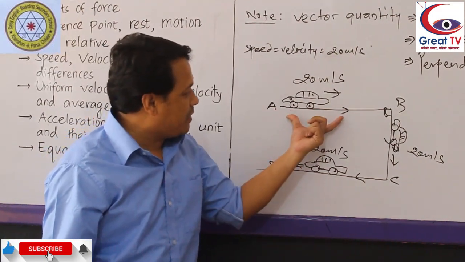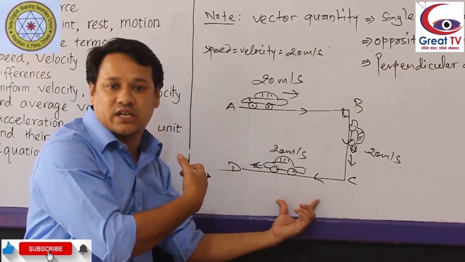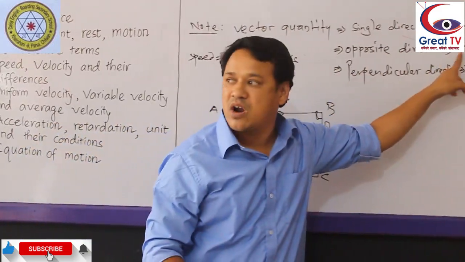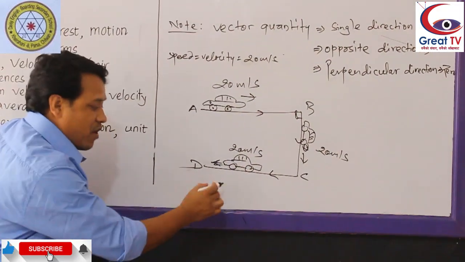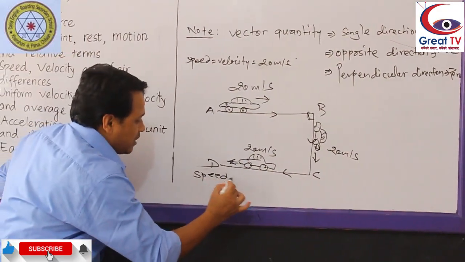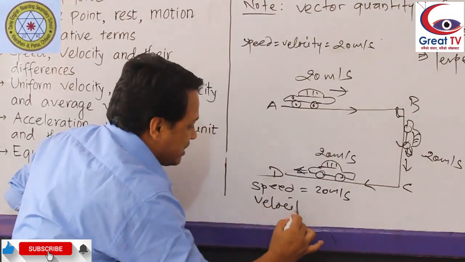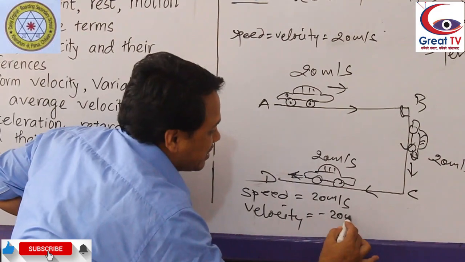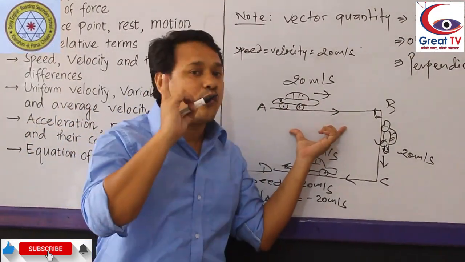AB is in this direction, but CD is just opposite. And a vector quantity in the opposite direction is negative. Remember, that's why here speed is 20 meters per second, but velocity will be minus 20 meters per second, only with respect to AB.